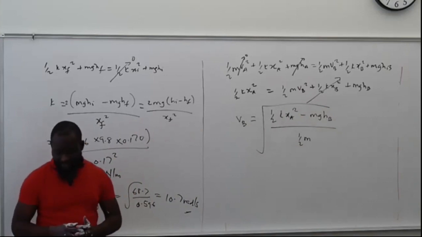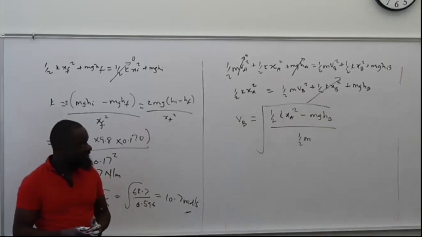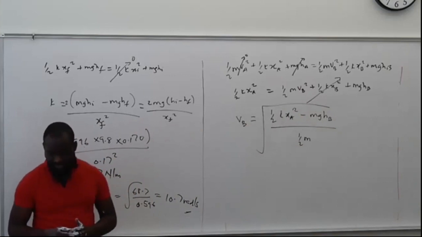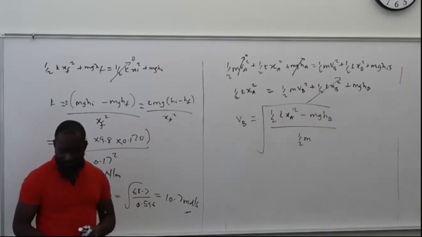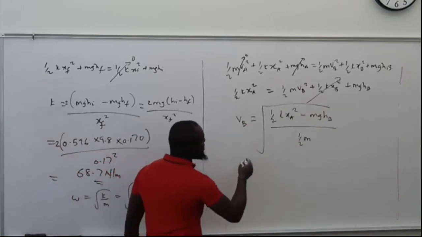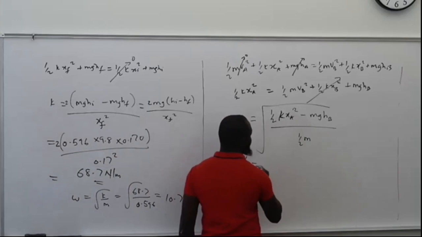So it's half kx squared minus mgh, all of that divided by m. So the mass is going to everything, so we can put the mass in here if we like.